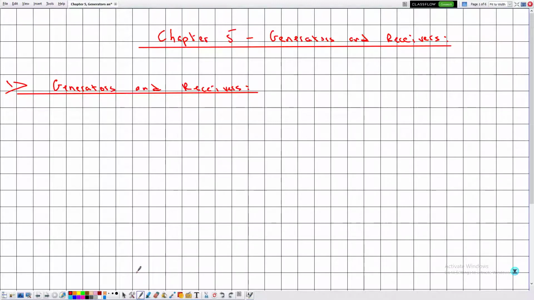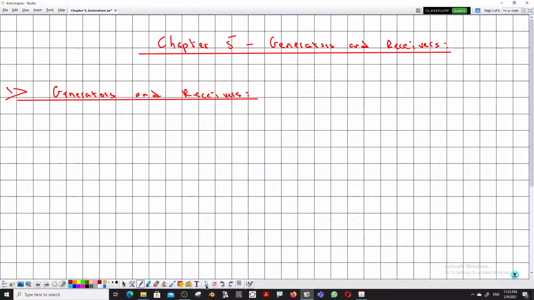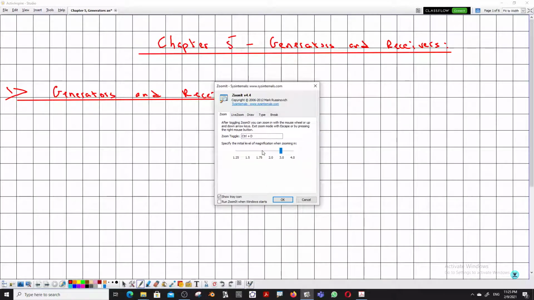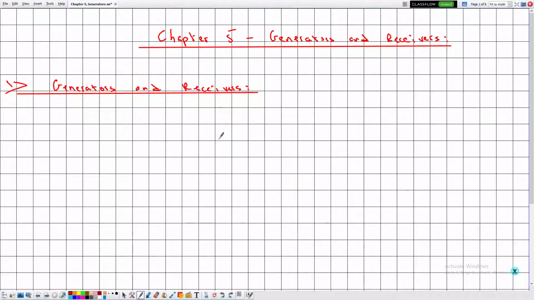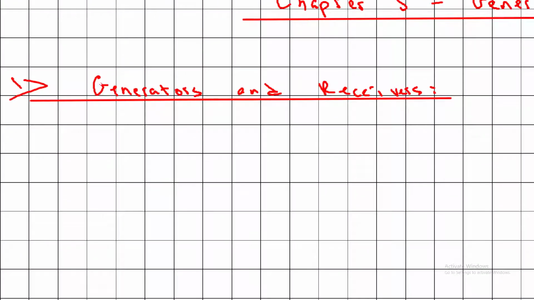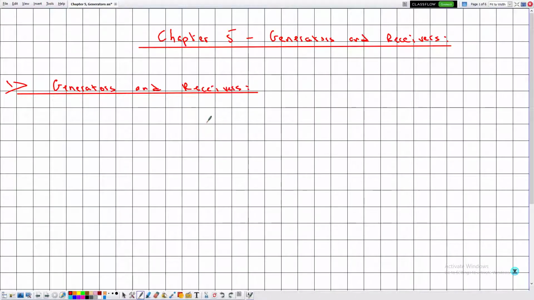Then referring to this terminology, which is the generator, it's coming from generate. So generating what? Generating electric energy. So generators are electric devices that transform one form of energy into electric energy.